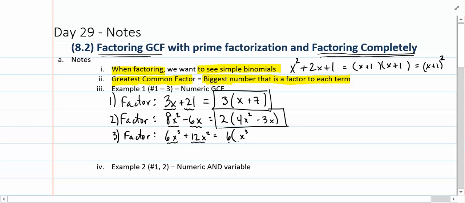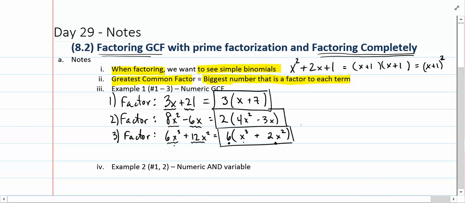That's because 6 times x cubed is 6x cubed. For the second term, after I factor out a 6 from the 12, I'm left with a 2 and an x squared. And again, that's because 6 times 2x squared would equal 12x squared.